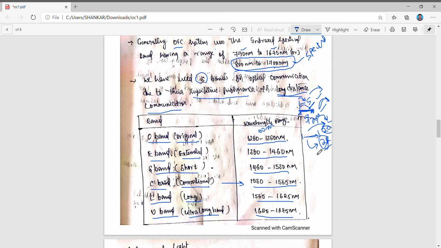Likewise, if the communication range increases, we have to choose different frequency ranges, which are better for long distance communication with less losses and less attenuation. Okay, are you clear? Are you clear up to now?